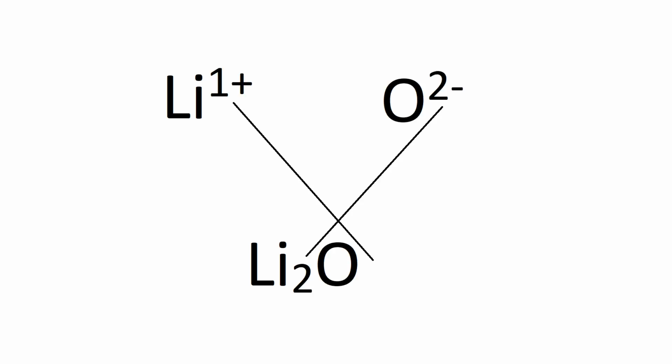So in this case, lithium has a 1 plus charge, and oxygen ends up with a 1 subscript, although you don't notice it because you don't need to put a 1 subscript, because if you leave it alone, it's just like an exponent of 1. And the same thing with O2 minus, gets crisscrossed and it forms lithium with a subscript of 2.